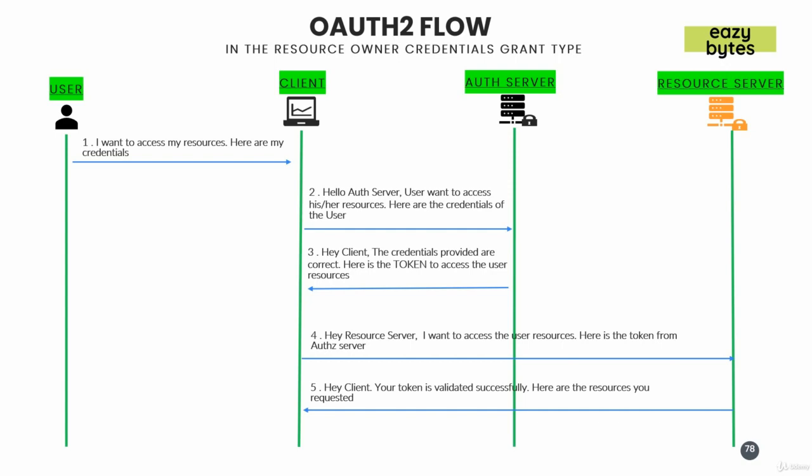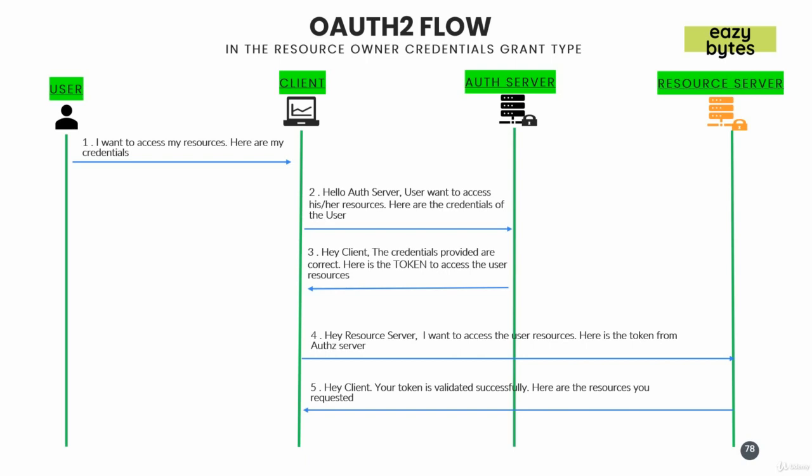So in such scenarios where the auth server, resource server and all clients belong to the same organization, to avoid multiple redirects and to give a good experience to the user, we don't redirect the user to the auth server. Whenever a user goes to some application like the loans application, there will be a login page, and I will not be redirected to the auth server to enter my credentials, because the auth server also belongs to the same organization.